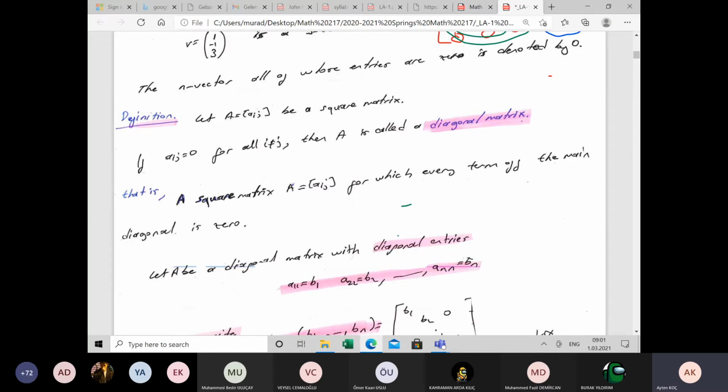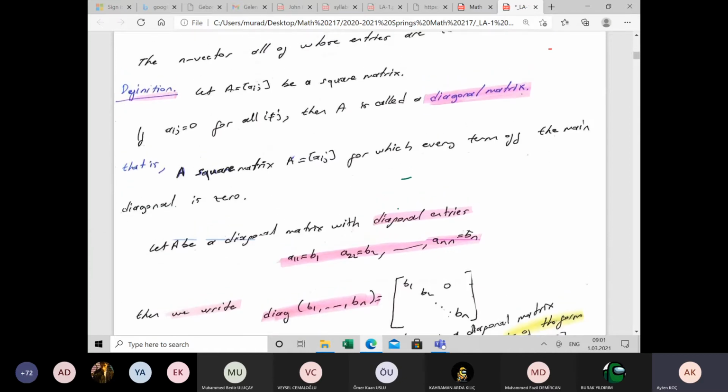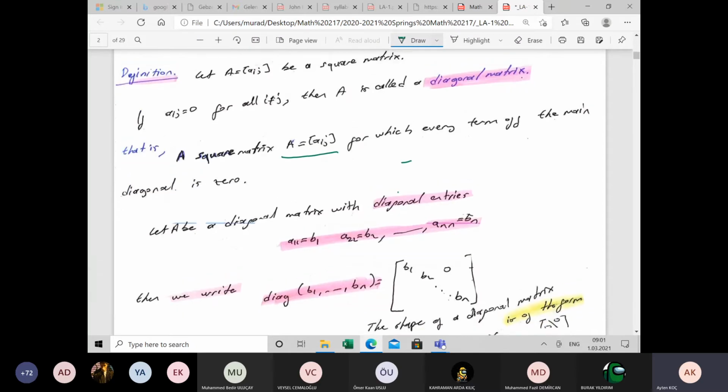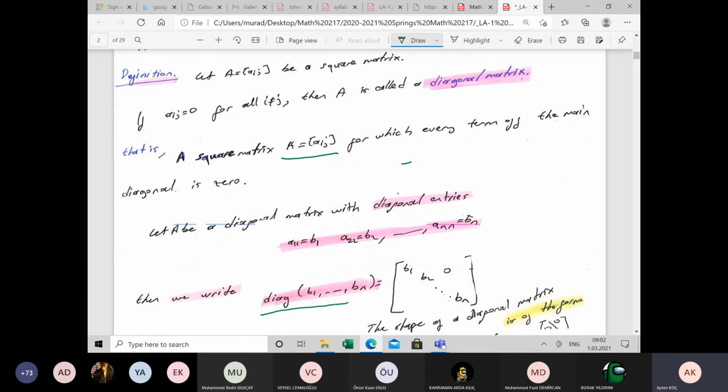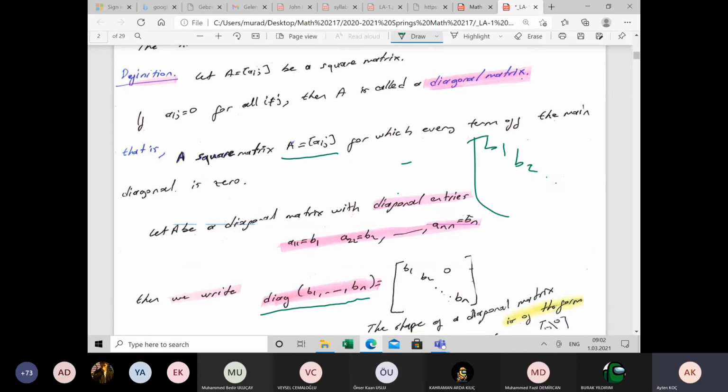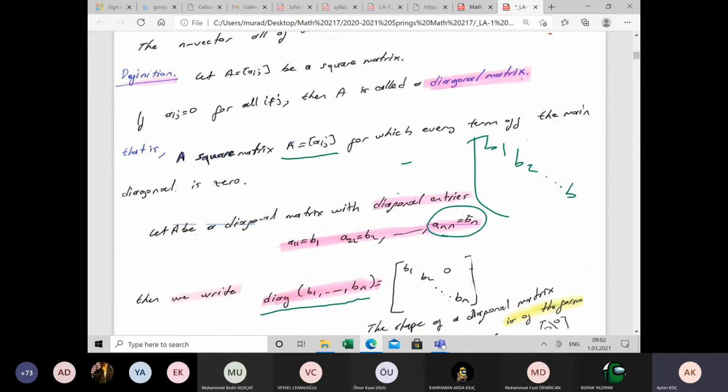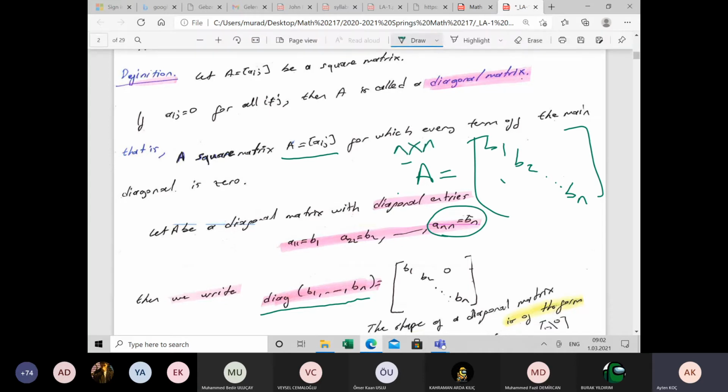Take any diagonal matrix A, it's okay, with diagonal entries b1, b2, bn, so a sub 1,1 is b1, a sub 2,2 is b2, and the last a sub n,n is bn. So b1, b2, bn are the diagonal entries of matrix A. A diagonal matrix should be square, an n by n matrix, and these parts are 0.